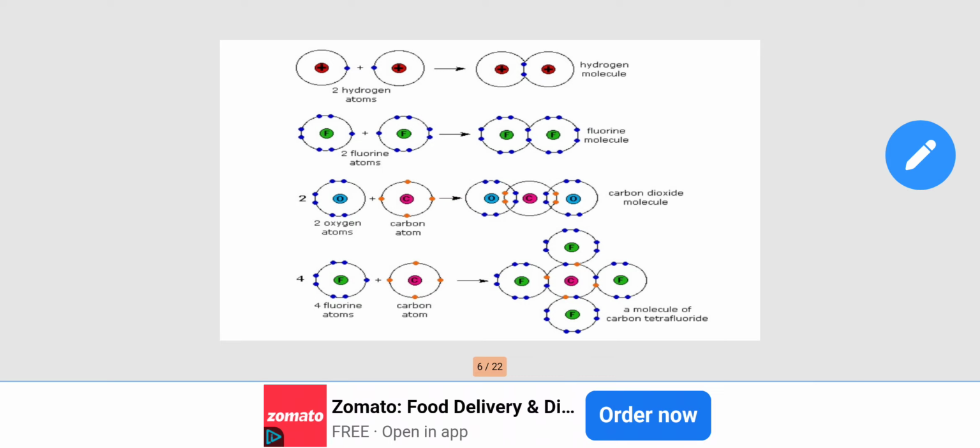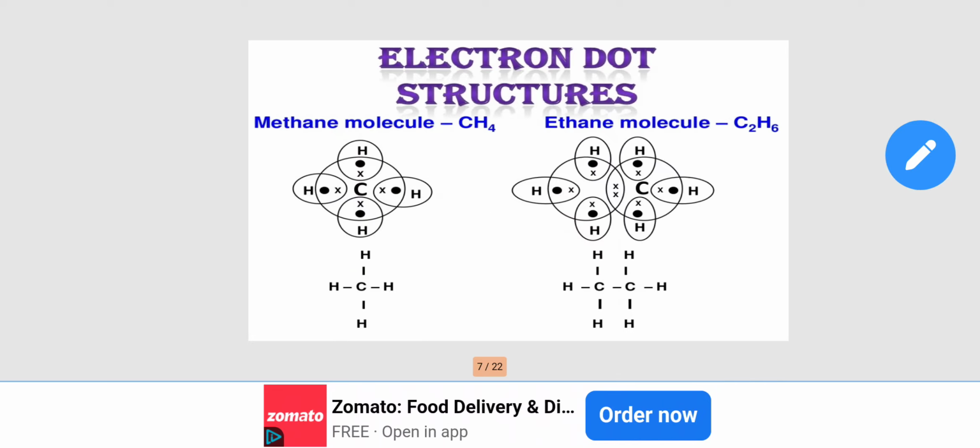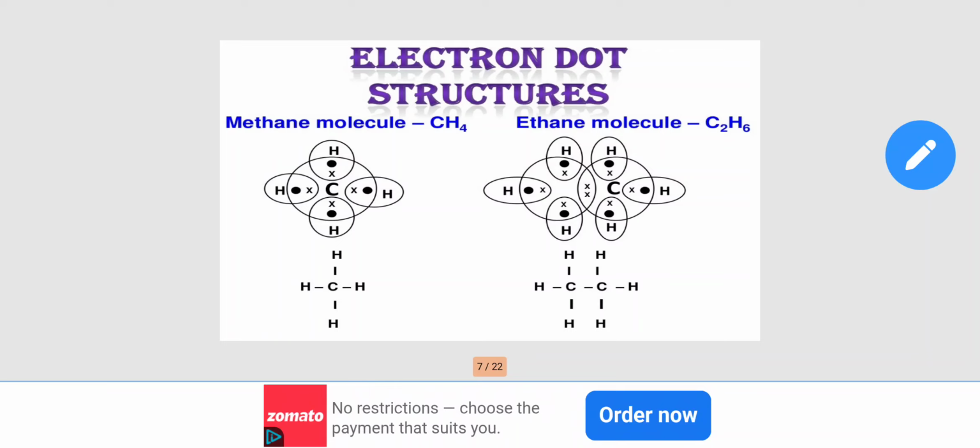and give a hydrogen molecule, and then two fluorine atoms combine and become a fluorine molecule. Here, two oxygen and one carbon make a carbon dioxide molecule, and four fluorine and one carbon become a molecule of carbon tetrafluoride. You can see here, this is very important for you.